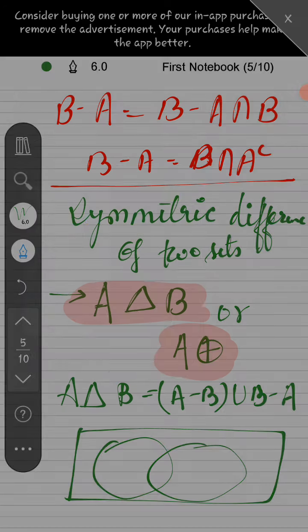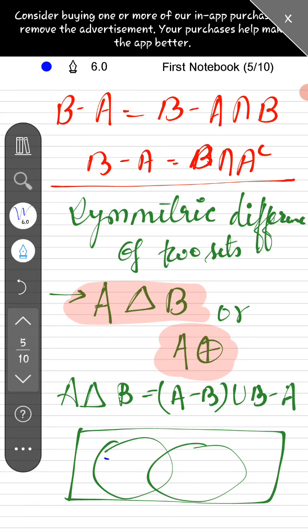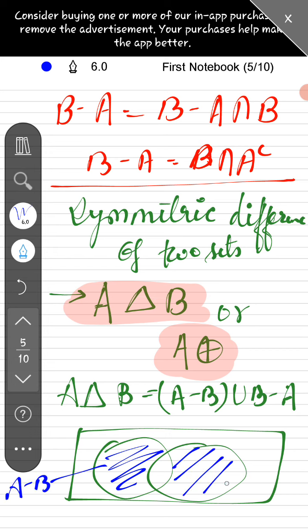See, this part is A minus B, and this part is B minus A. Just this common part is excluded here, with the whole set, right?